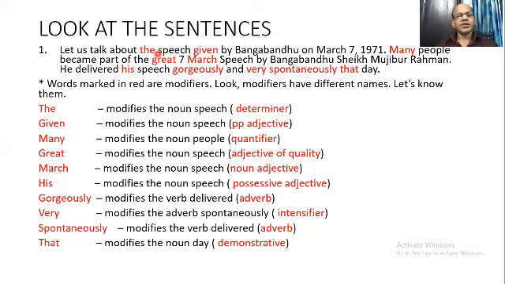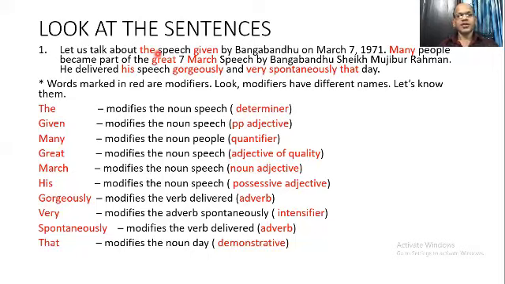So dear students, you see the words in red ink have different names. We call them determiner, past participle adjective, quantifier, adjective of quality, noun adjective, possessive adjective, adverb, intensifier, adverb, and demonstrative.